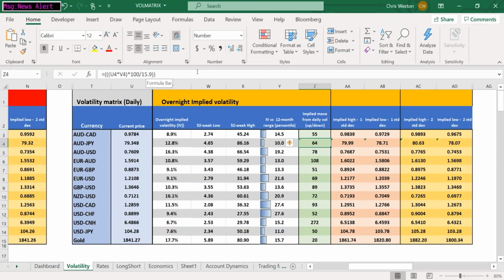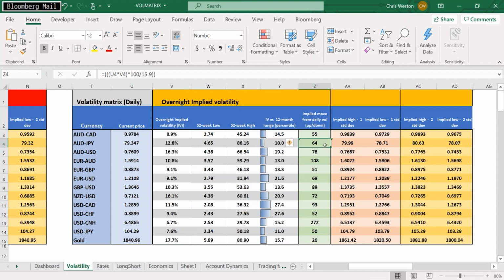So we're taking that annualized number and just dividing it by 15.9, and we're getting the expected move. And that's great because this is a tradable number. This is based on options, but based on this number and dividing it, we get a daily number.